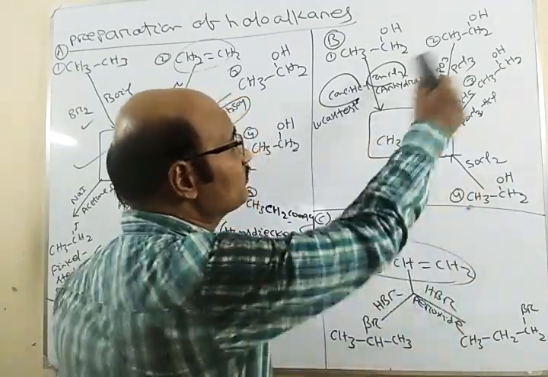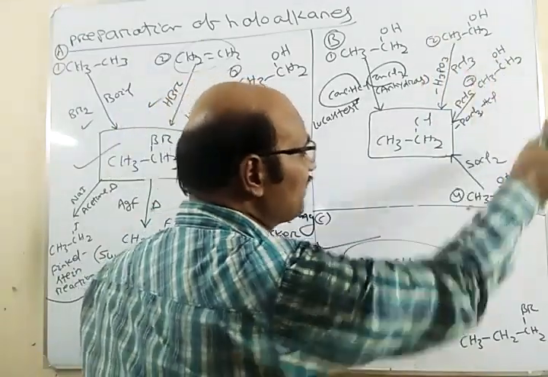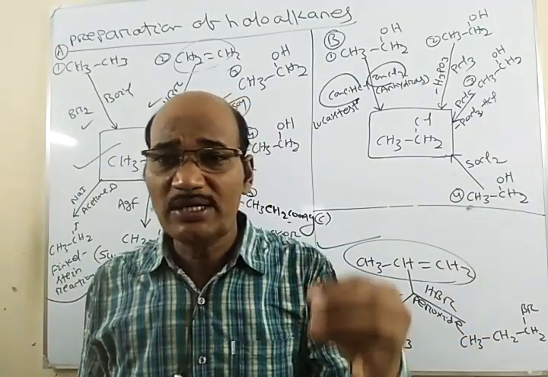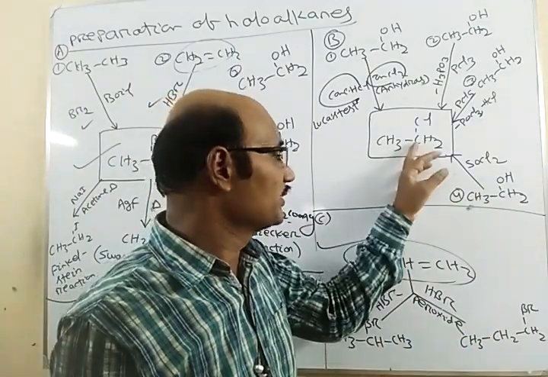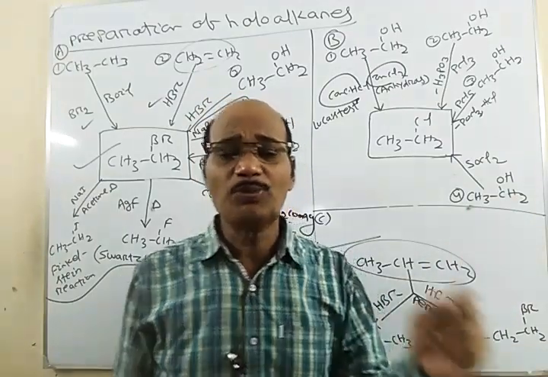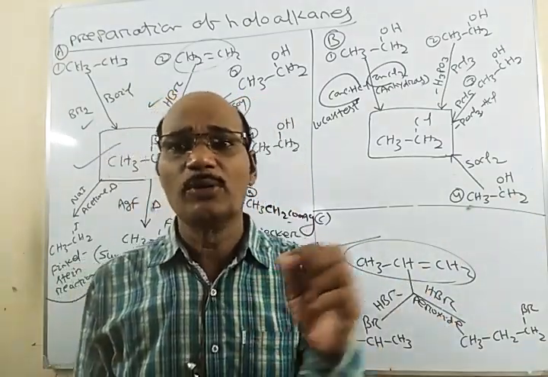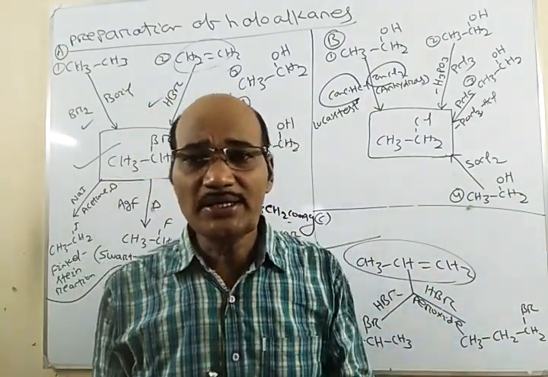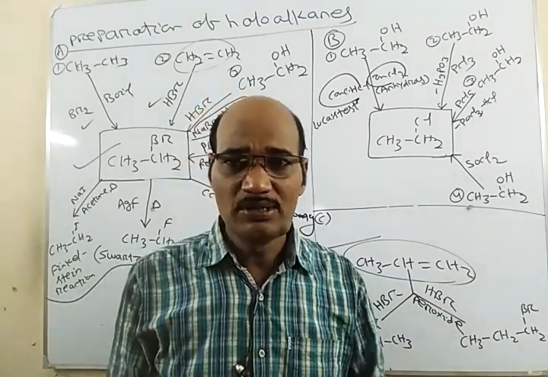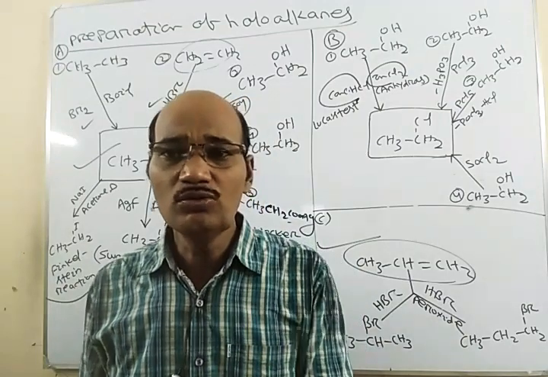Now in this case, among PCl3, PCl5 and SOCl2, the more convenient method of getting alkyl chlorides from alcohols is SOCl2. There will be questions: which of the following is the most suitable for getting a haloalkane from alcohol? PCl5, PCl3, SOCl2.